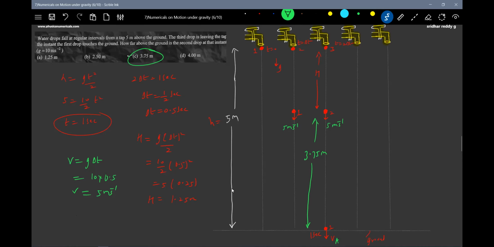Now what about the other one? VB we will call it. We'll give some names. This is VA, and VA will be g into t. We can also predict the speed of the drops. So like this, if you increase the height to 10 meters, 20 meters, you can do it for 5-6 drops. At various instants, the drops will be at different positions.